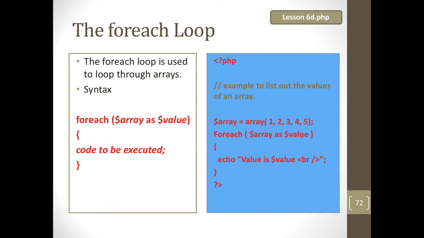Okay, the foreach loop is related to arrays. Foreach, then array as value, and then the code to execute. If you look into this, you have $array equal to array 1, 2, 3, 4, 5, foreach $array as $value, echo the value is $value.